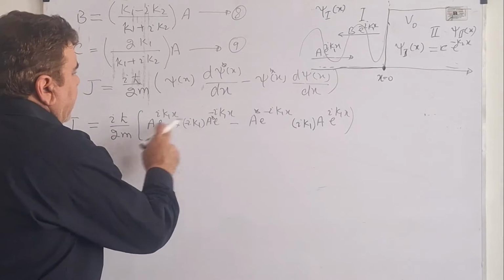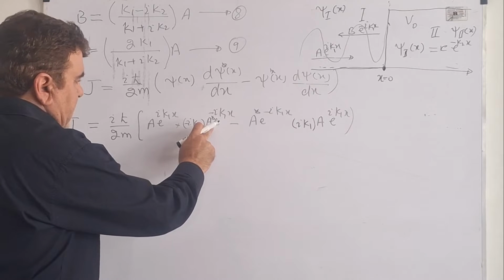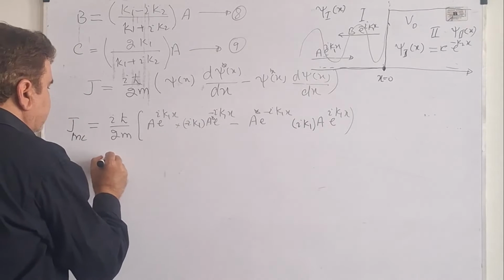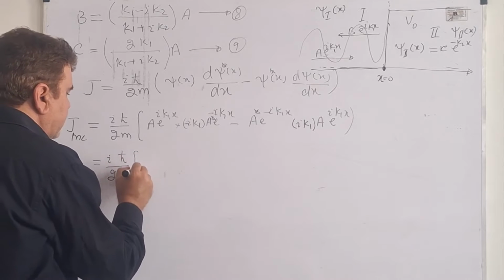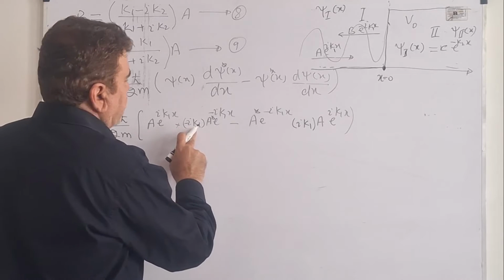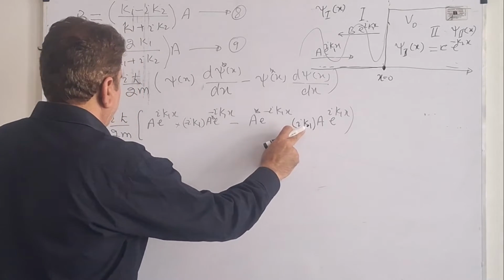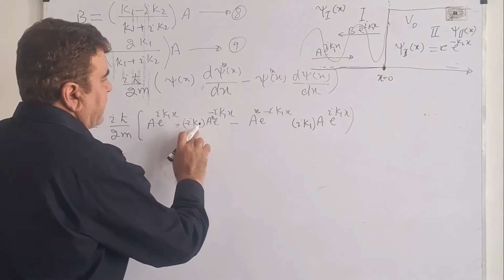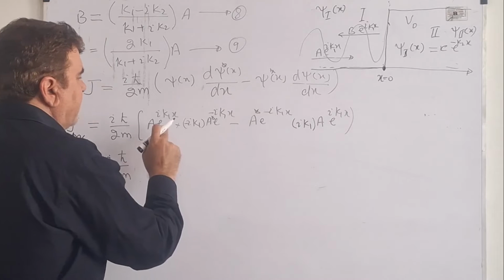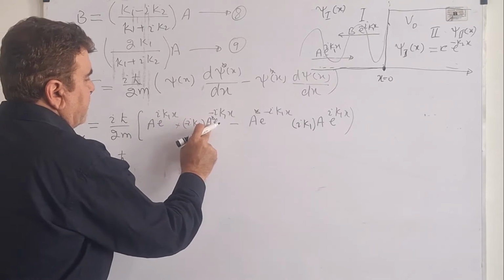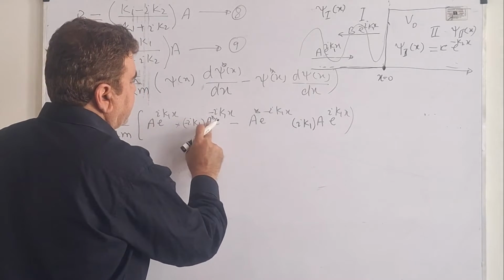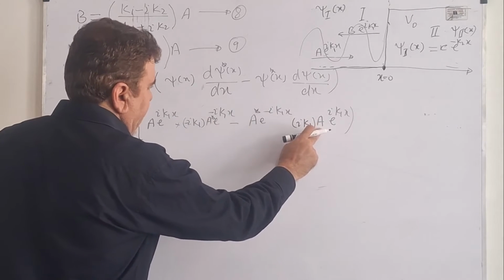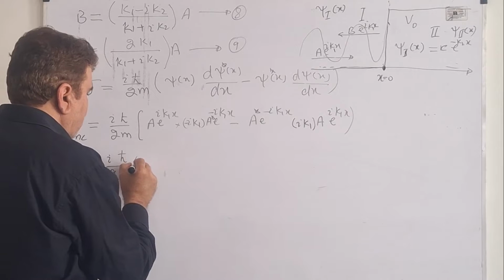And now A times A star makes this A mod squared. So I write this as iota h bar divided by 2m into, here is exponent iota k1x, here is exponent iota k1x, so I can take the exponents common. Here is A times A star, and here is A star times A, so I can take these terms as constant.